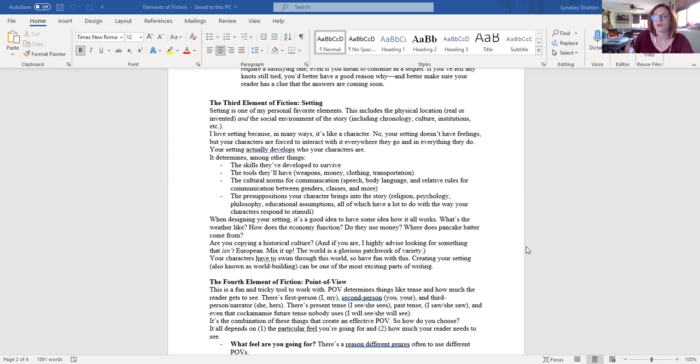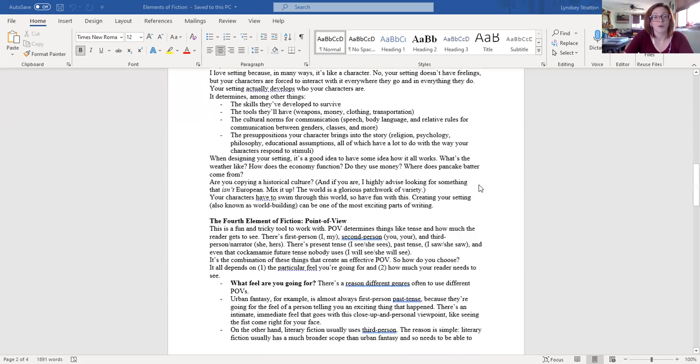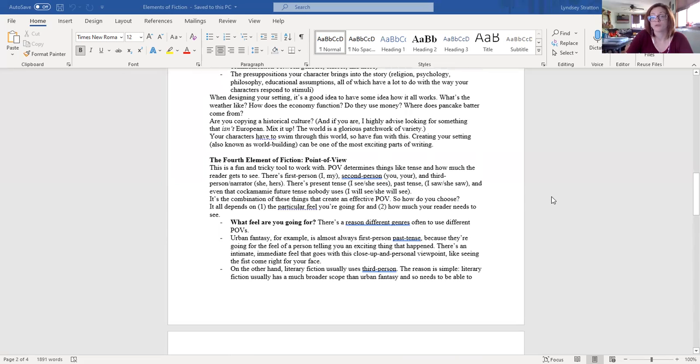A Good Man Is Hard to Find is a very post-Civil War piece, okay, because they talk about how there were plantations and there were maids' quarters and butlers' stairwells that were different from the stairwell from the main house to be used, and things of that nature. Then we move on to the fourth element, point of view.